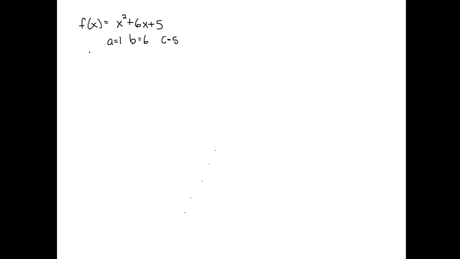So negative 6 over 2 times 1, so negative 6 over 2, which is negative 3. So that's the x-coordinate of the vertex. And then to find the y-coordinate, you evaluate the function f at negative 3.